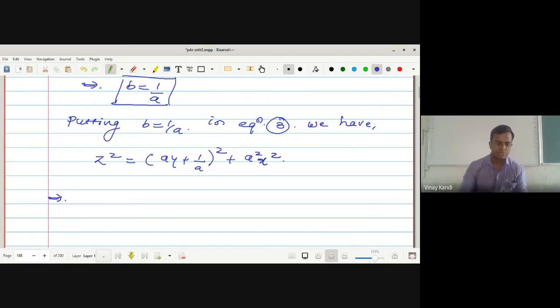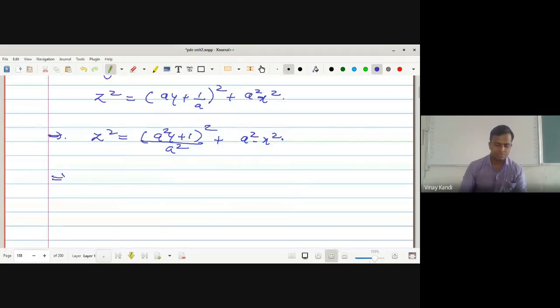So that implies z square is equal to a square y plus 1 upon a, also x square and a square plus a square into x square. So that implies a square into z square is equal to a square y plus 1 bracket square plus a raised to 4 into x square.